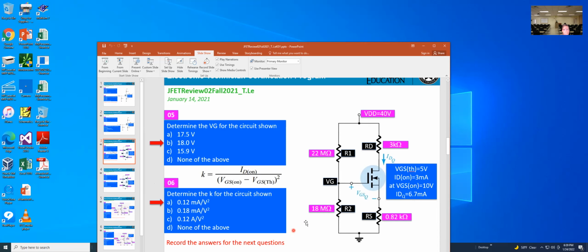And the answer will be number 6A, like Apple, 0.12 milliamp per volt square. That you guys have to do your own calculation. I'm not trying to do any calculation, just giving you the way how to get the answer.